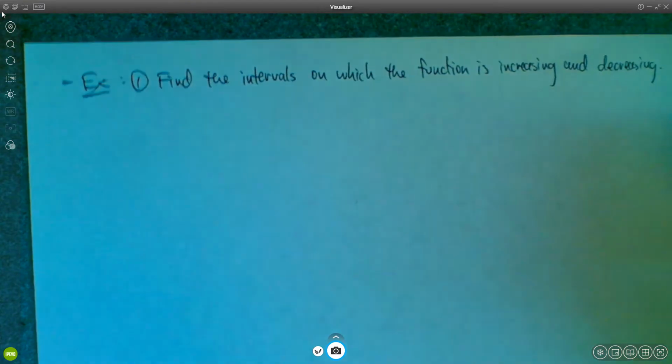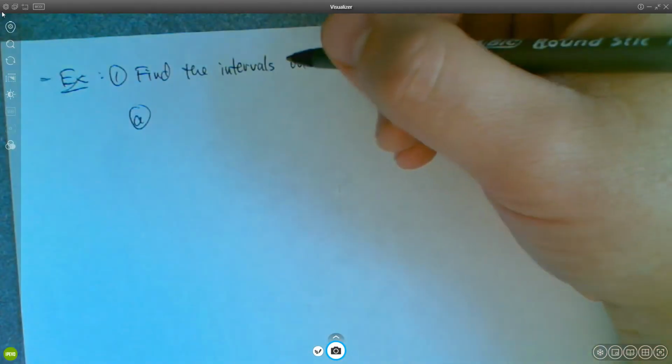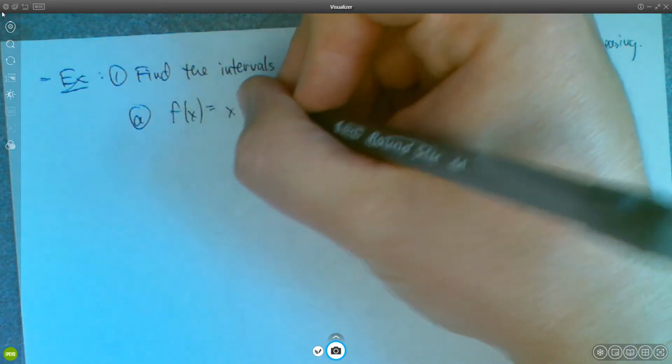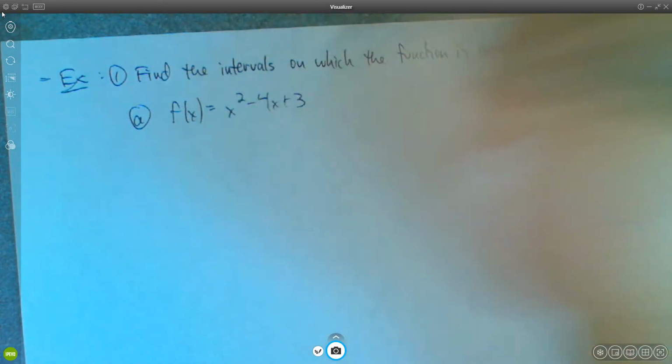Okay, let's see. We're going to do this for 3 examples. Let's do this for f of x equals x squared minus 4x plus 3.